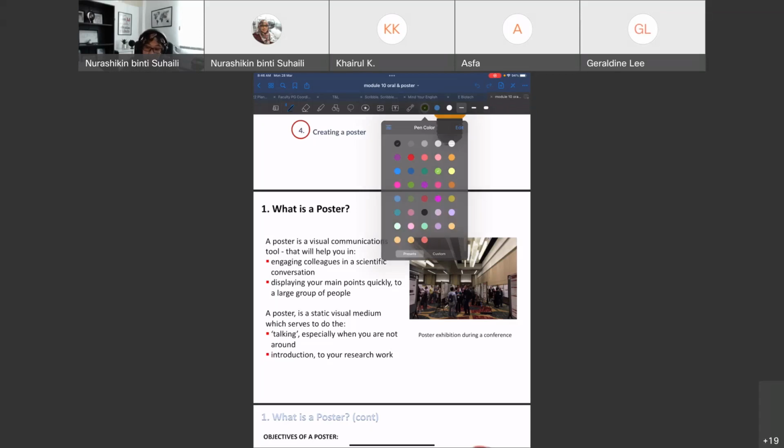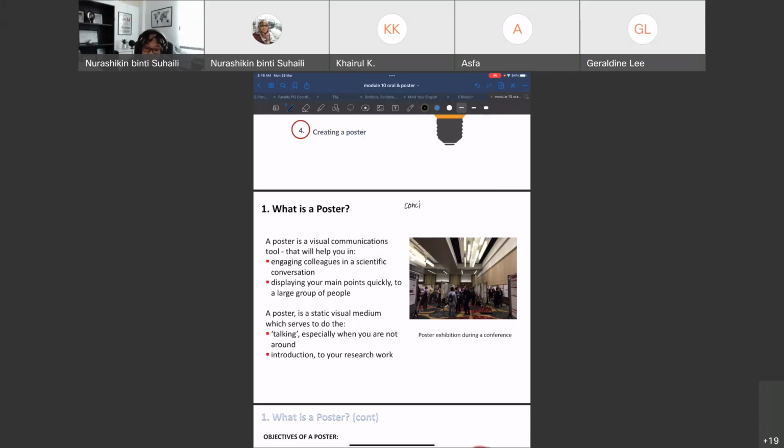Concise means very brief, but containing all the important information. You put everything in a concise manner in order to give a very simple message to the audience about your research.